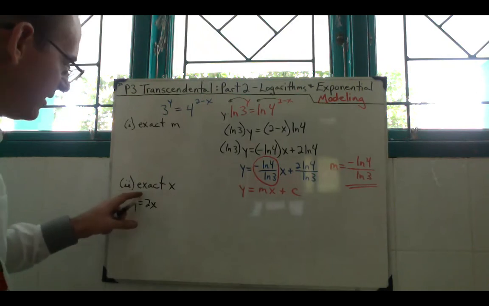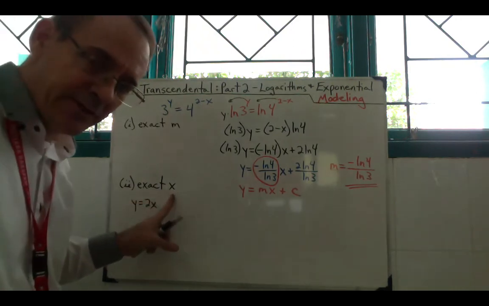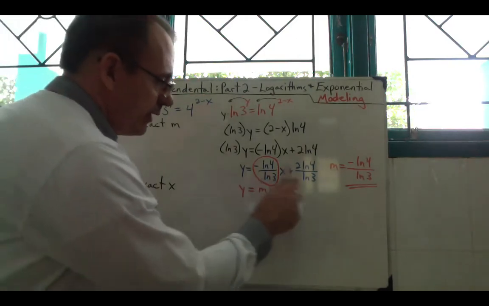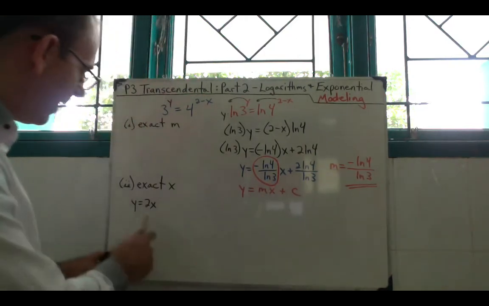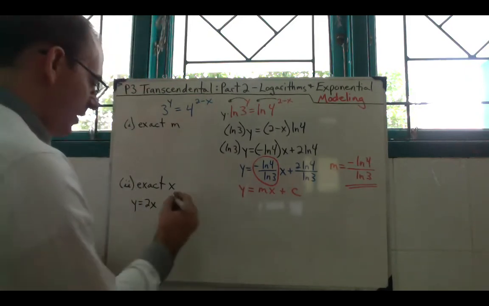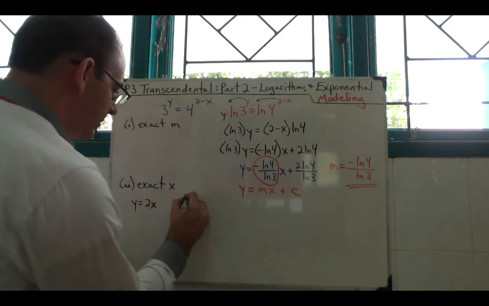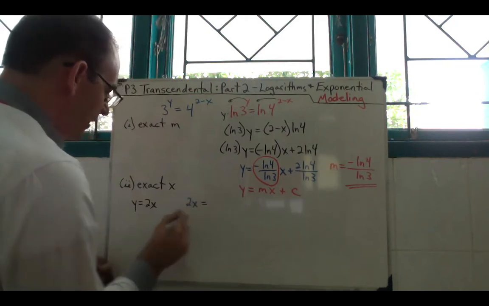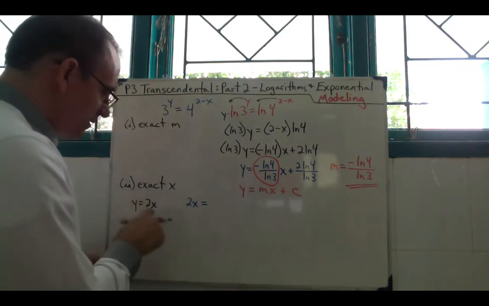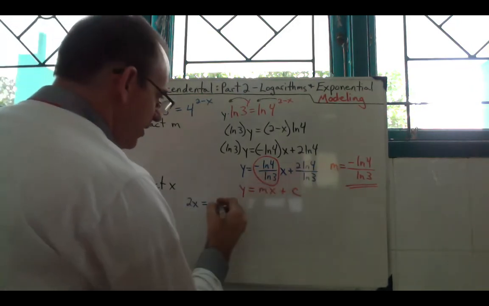Find the exact coordinate for x where there's an intersection between this line and y equals 2x. So we're going to take our 2x here and set it equal: if y equals this and y equals this, and they intersect, that means this equals this.